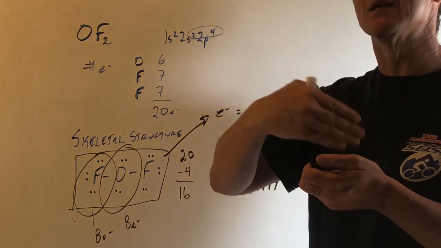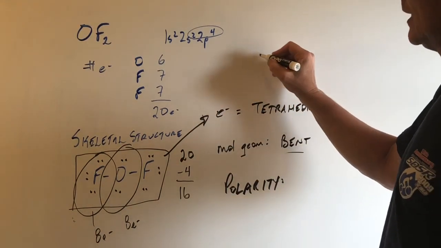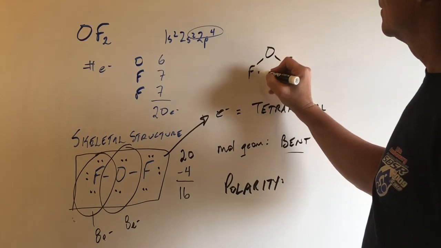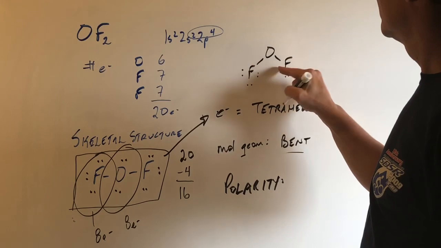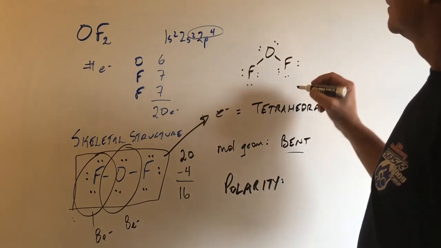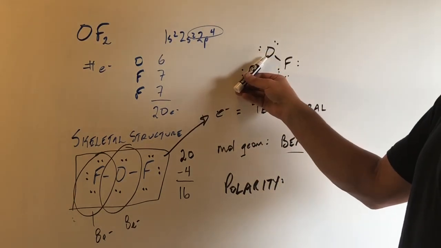So CO2 would be nonpolar, something like this, because if we were to draw this out more accurately, whatever's going on with this fluorine-oxygen bond does not cancel with the other fluorine-oxygen bond.